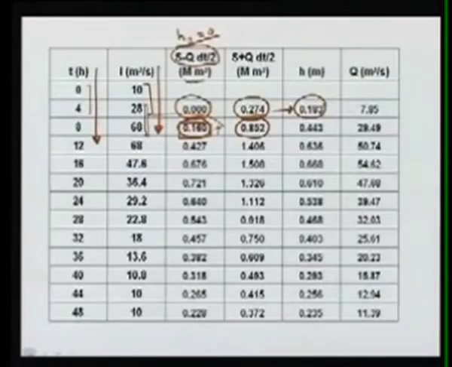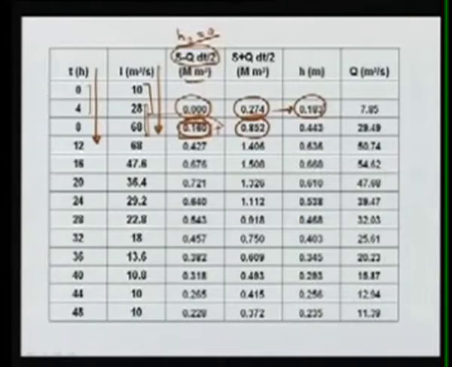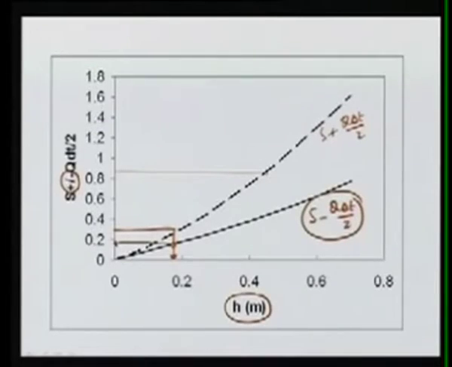and for 0.852 again we can get the corresponding value of H as 0.443 from this figure. Then for 0.443 we can get the value of S minus Q delta T by 2.